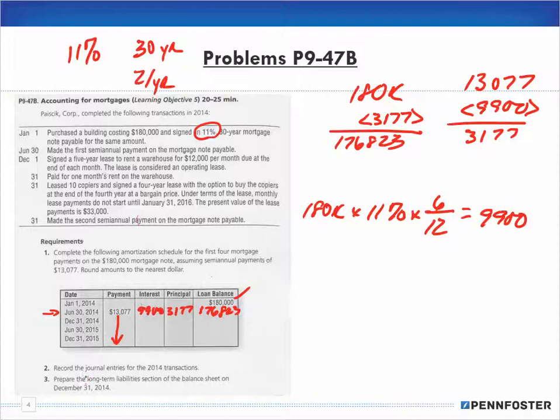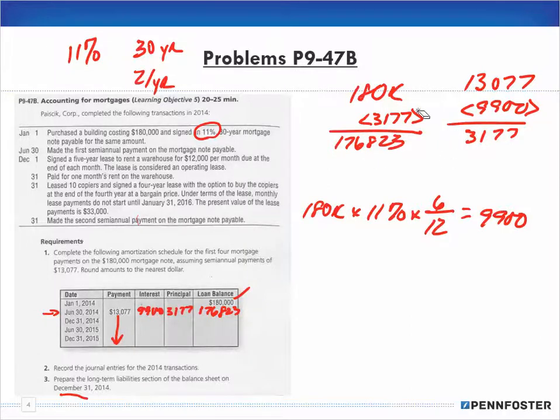Here we need to prepare the long-term liability section on the balance sheet for December 31st. So I'm going to do December 31st, but I'm not going to do the other payments for June or December unless I absolutely have to, based upon the information above. You'll be able to fill out those particular payments because it's basically just the same exact thing.